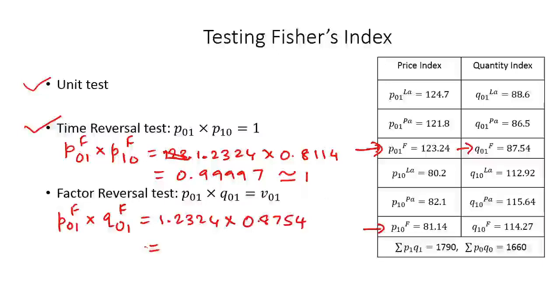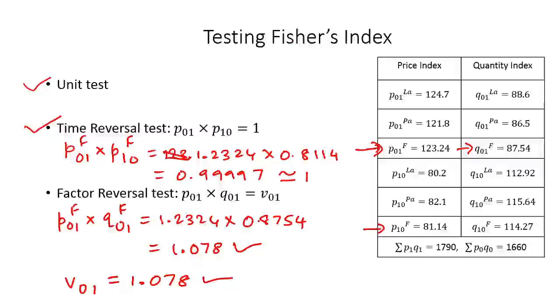If we multiply this, it comes to 1.078. Recall that we had calculated V01 in the previous slides. It was 1.078. What we see is that we get exactly the same value here.